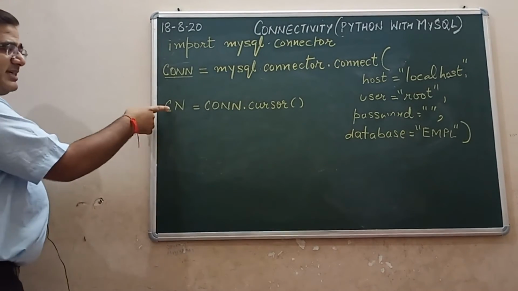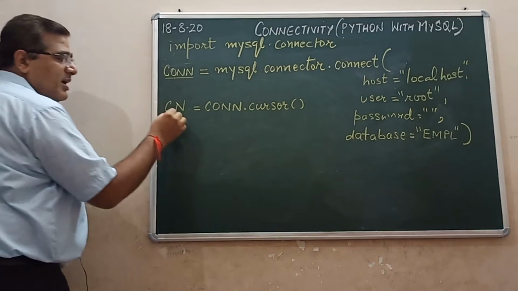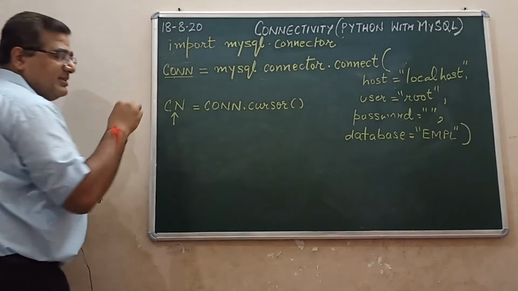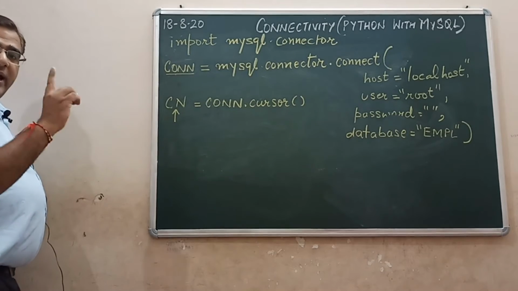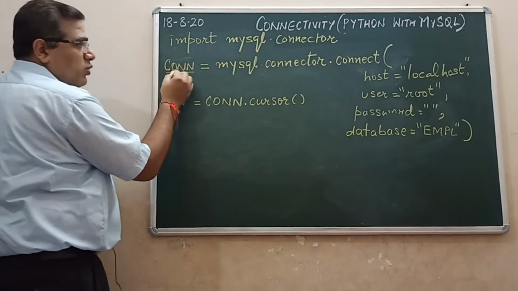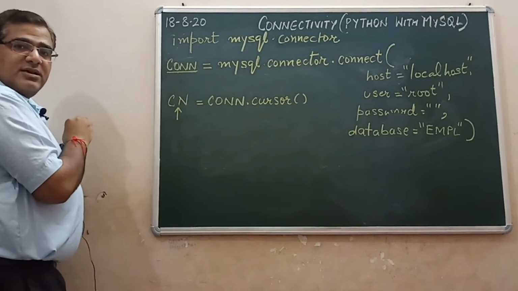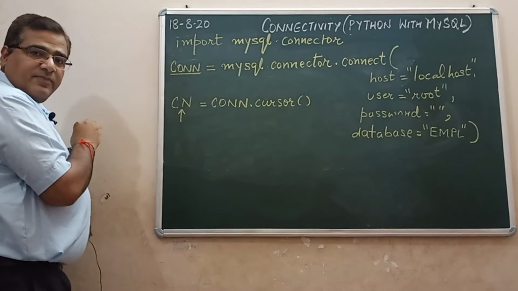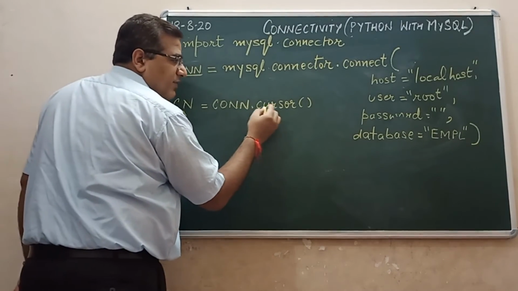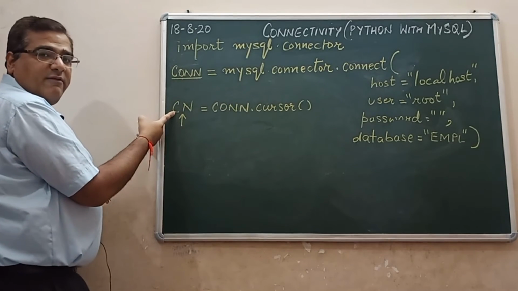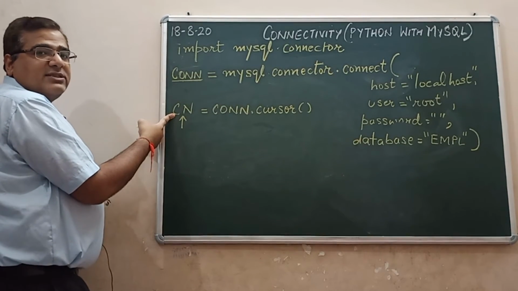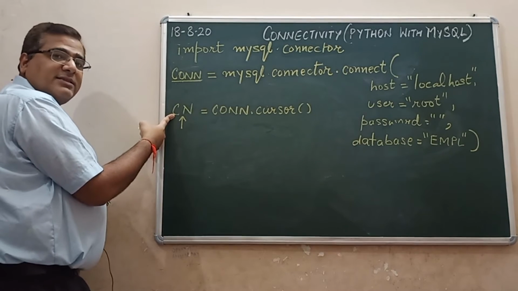I have given the name Cn. You can give any name. This Cn is your database cursor. How to create a database cursor? Use your database connection object, associate it with the cursor function, and create one variable over here that is called database cursor.